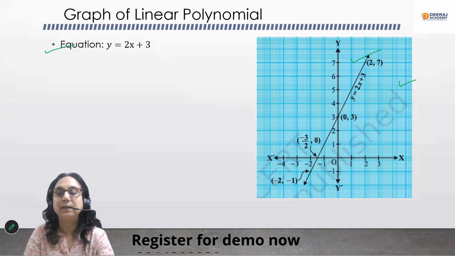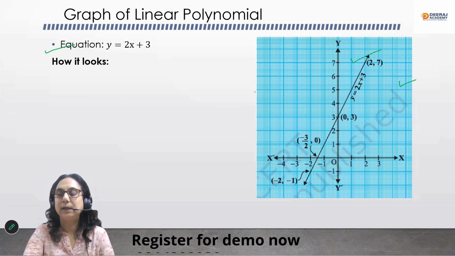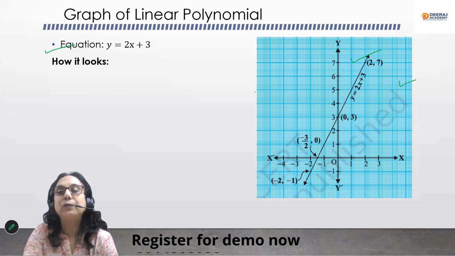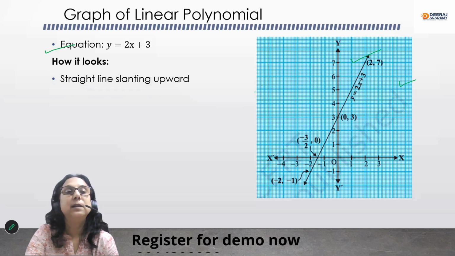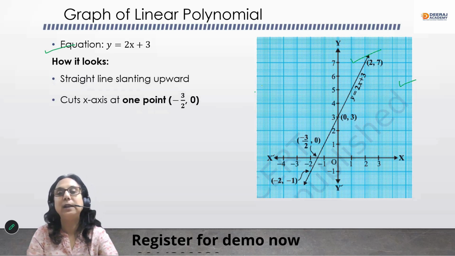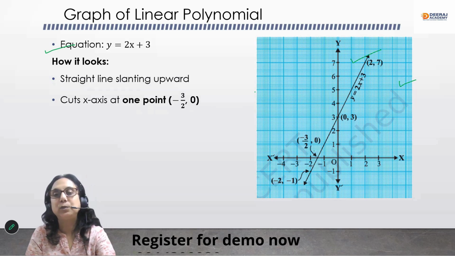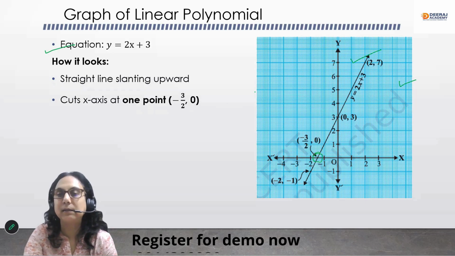So how will we find the zeros here? First we will see how the graph looks. The graph is a straight line slanting upwards, and it cuts the x-axis at only one point. So you can see the point where it is cutting.